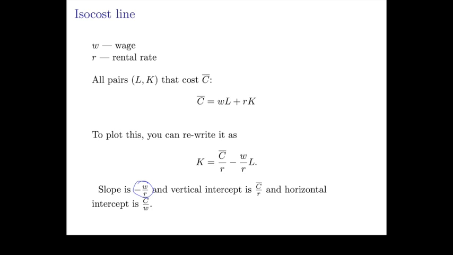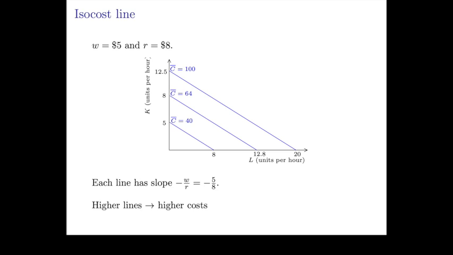The vertical intercept is going to be C bar over R, and the horizontal intercept is going to be C bar over W. So they look kind of like this. Let's suppose we had some wage rate of 5 and rental rate of 8. Then we would have the straight lines of slope minus 5/8.